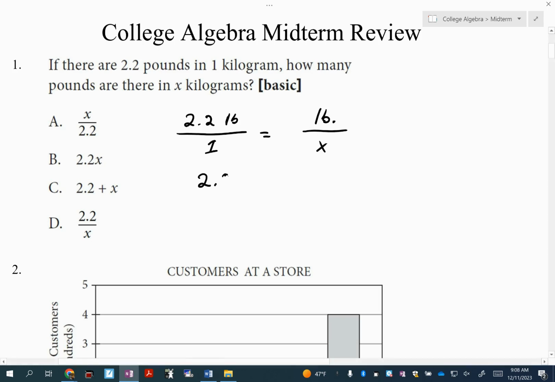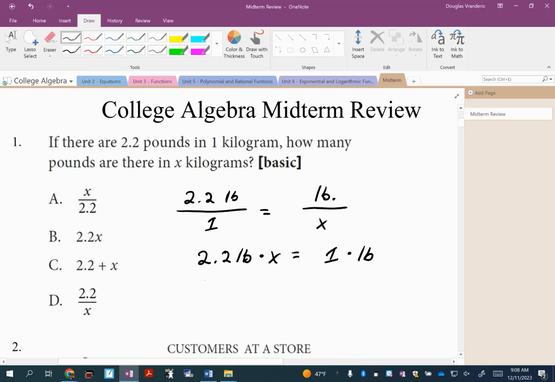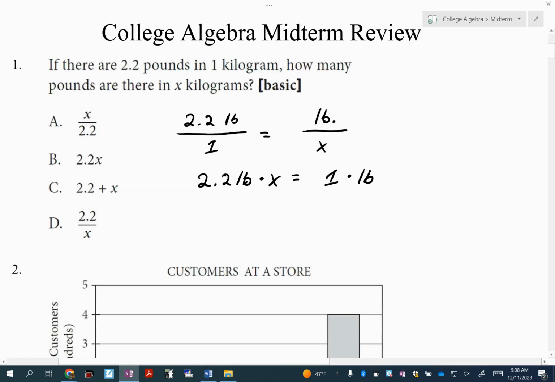So I have 2.2 pounds times X equals 1 times pounds. And again, I'm trying to find how many pounds, which is this one. Because I just have a 1 times pounds, I'm just going to rewrite it as pounds. And this is going to be 2.2 pounds times X. So my answer is going to be B as in boy.